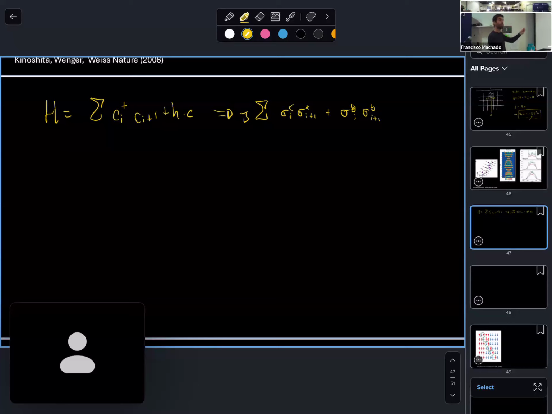Even though you have a conserved quantity in the total magnetization, U1 symmetry, the total magnetization is conserved. If you look at the propagation of spin in the system, it looks ballistic.